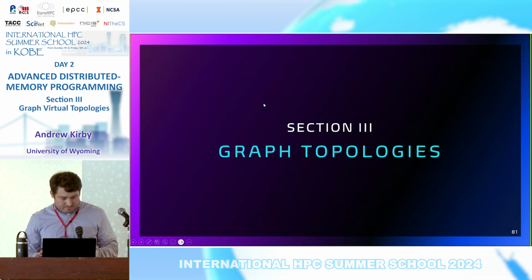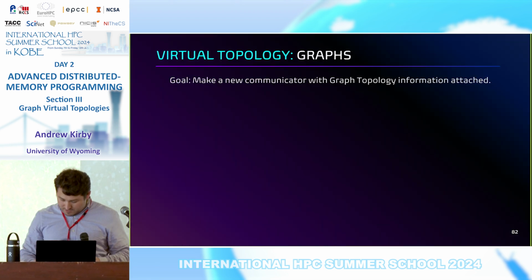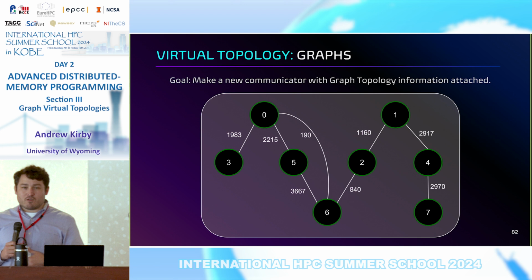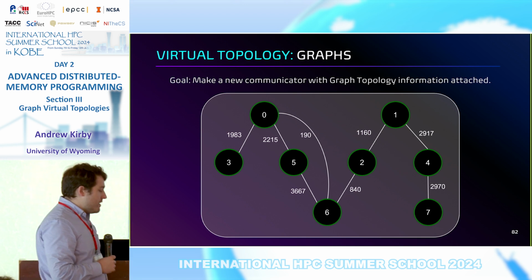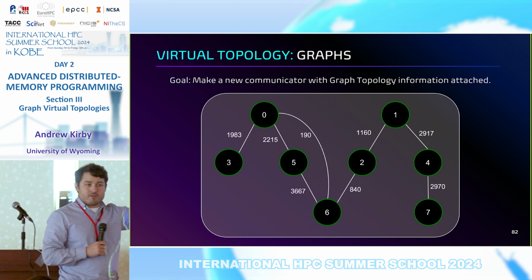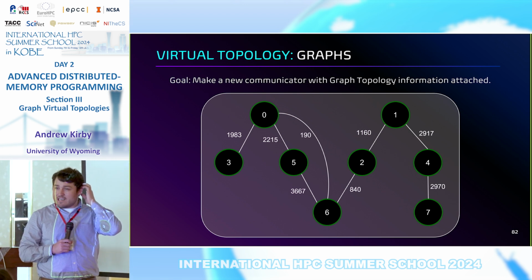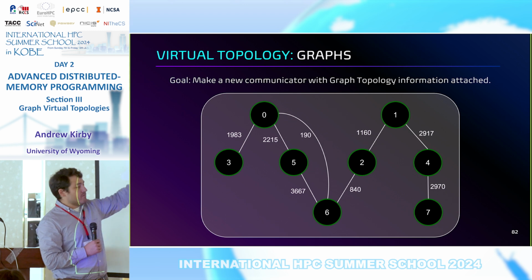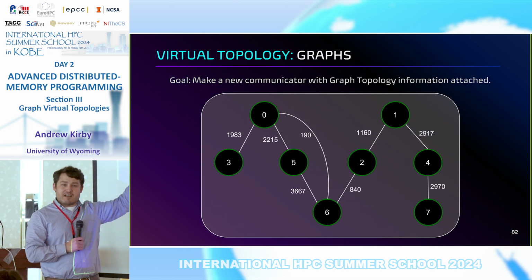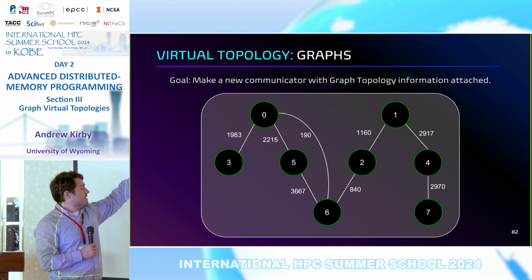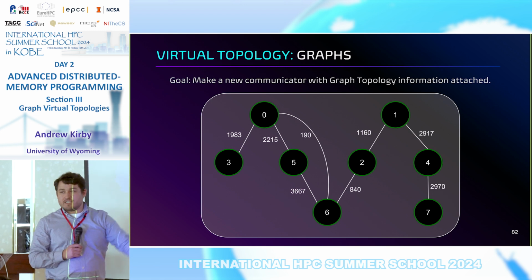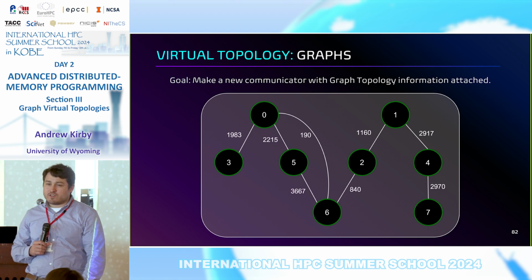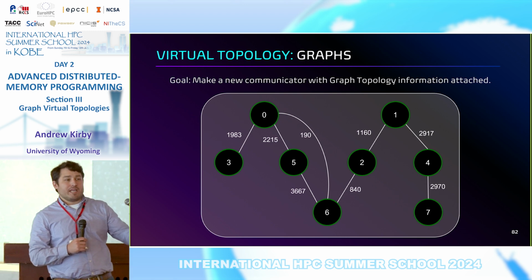There we go. Okay, graph topologies. So here's a wonderful graph where we have a bunch of nodes. And these nodes represent MPI rank IDs again, right? So we've already had some imaginary graph, and we've mapped it to these MPI ranks. But then we have these numbers here, these connections. And with these connections, you can actually give a weight.